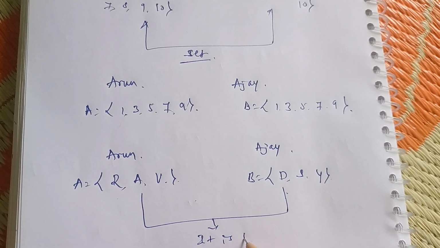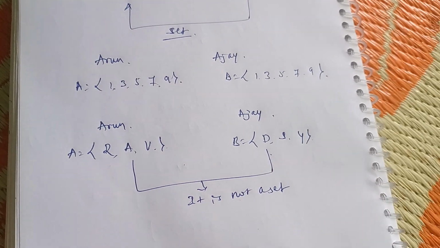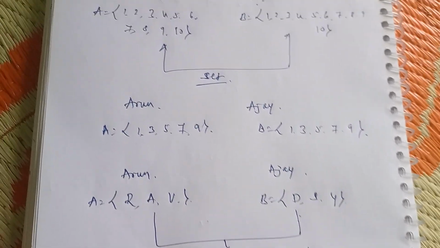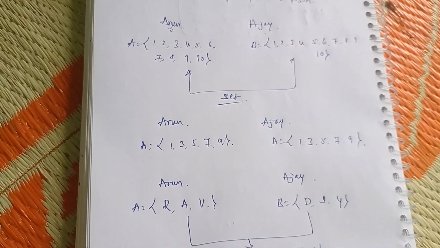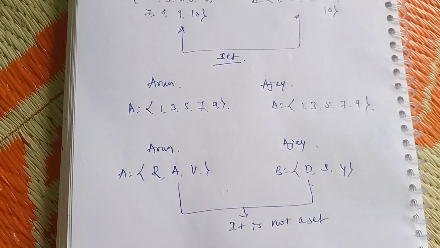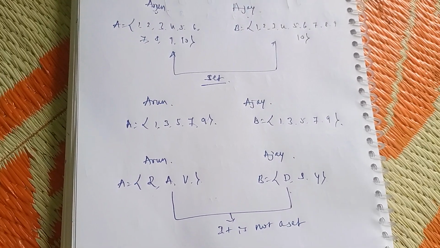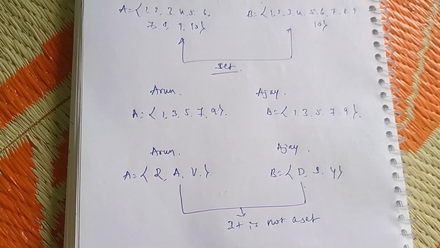Understood what is a set, and which is a set or not a set? Students, a set is a well defined collection, the same from person to person. This is called a set.